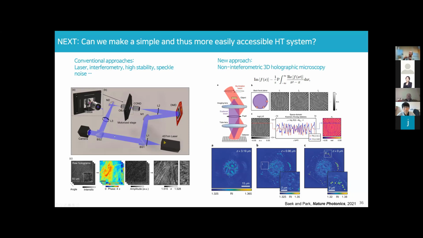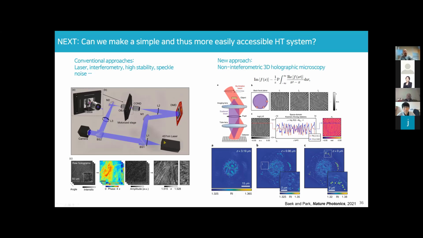And for controlling the illumination angles, we have used a DMD, which is good for scanning at high speed with high stability compared to a galvanometric mirror, but still suffers from speckle noise and vibration issues, and is very hard to align and fabricate. And sometimes it is not easy to maintain for a long time.